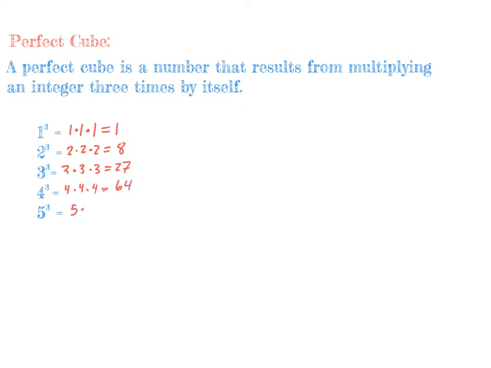And 5 times 5 times 5 will give you 125. So 1 cube is 1, 2 cube is 8, 3 cube is 27, 4 cube is 64, and 5 cube is 125.